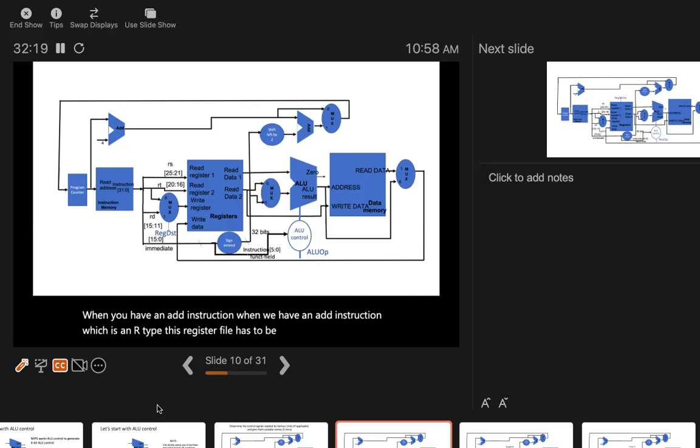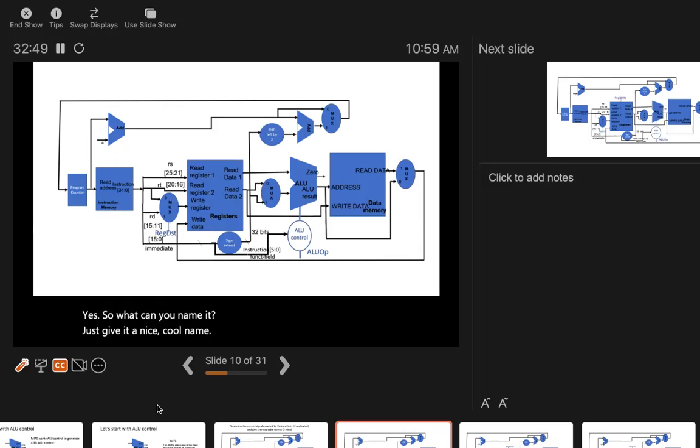But if it is something like a store word instruction, then we do not write to the register file. So for some instructions, we write to the register file, and for some instructions, we do not. Do you think we require a control signal for registers to control writing? Yes. So what can you name it? Just give it a nice cool name.